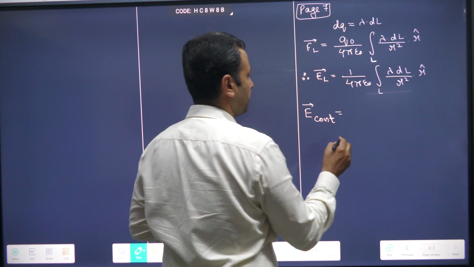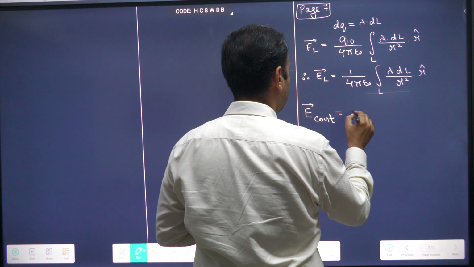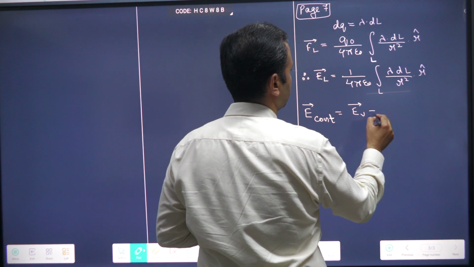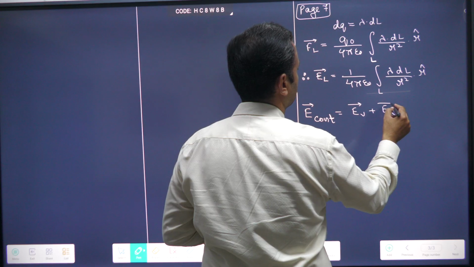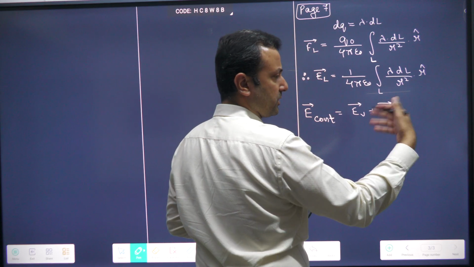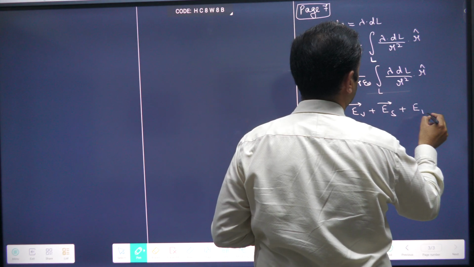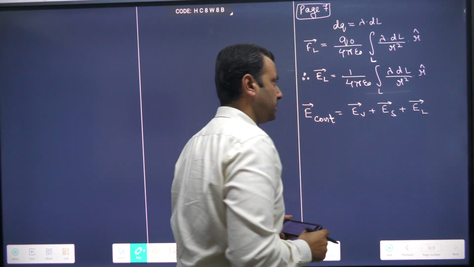The total continuous electric field will be E_V vector, electric field due to volume, plus E_S vector, electric field due to surface charge distribution, plus E_L vector, electric field due to line charge distribution.